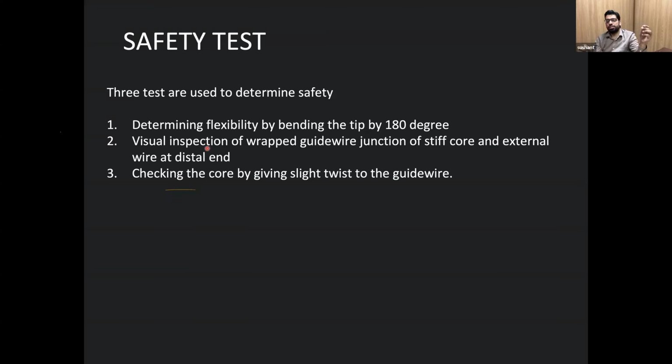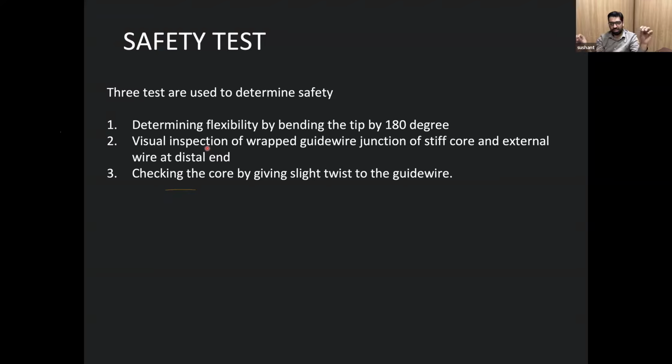Visual inspection should be done to check that the spring of the guide wire is in place and not detachable. And checking the core by giving a slight twist, taking the wire and pulling it on both sides, so that the central core is felt and it is integrated.